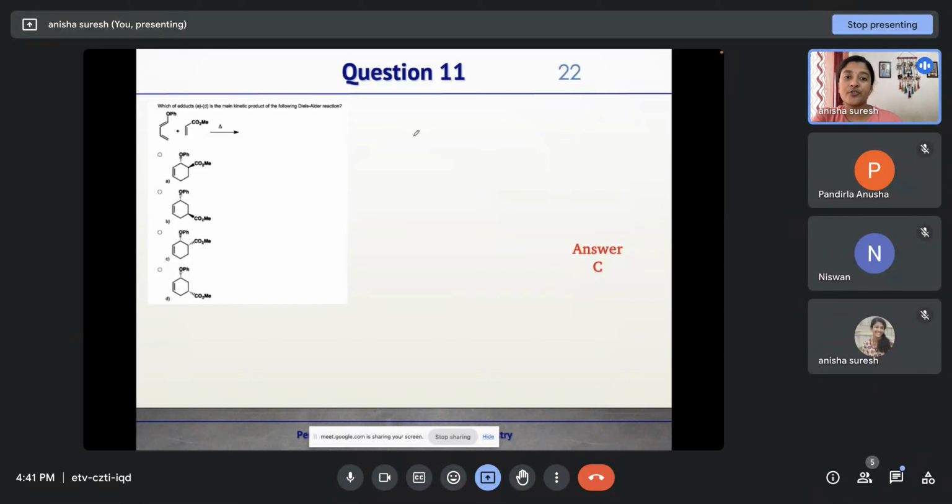Here also we have to take into consideration the electron rich center of the diene and the electron poor center of the dienophile will react first.